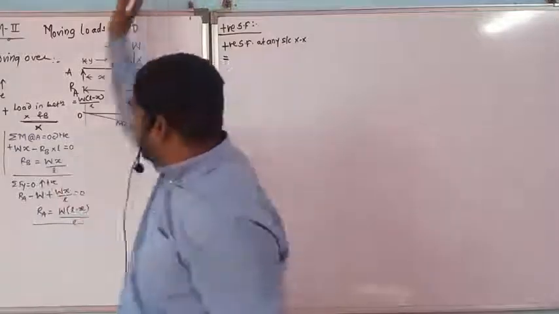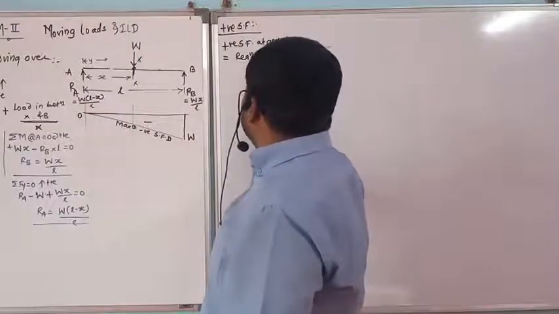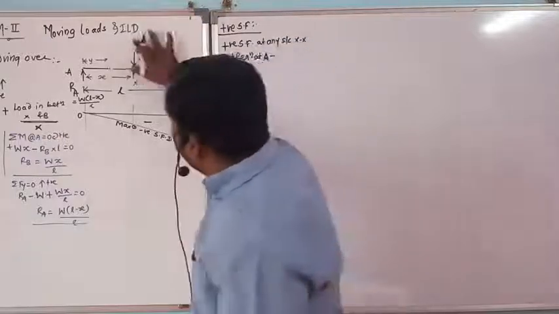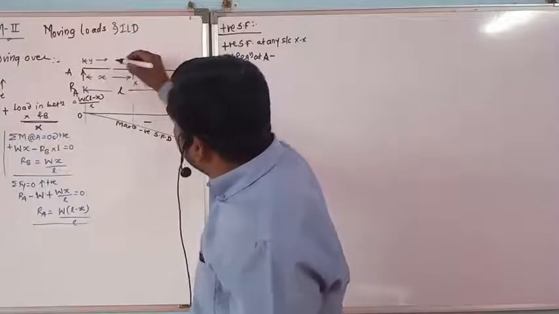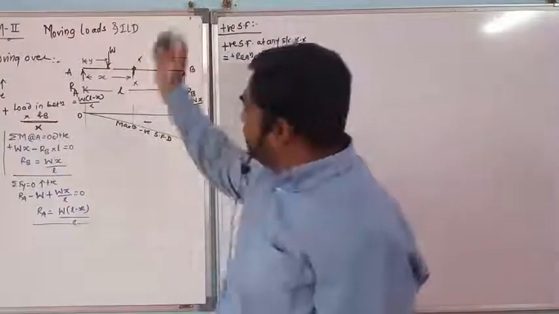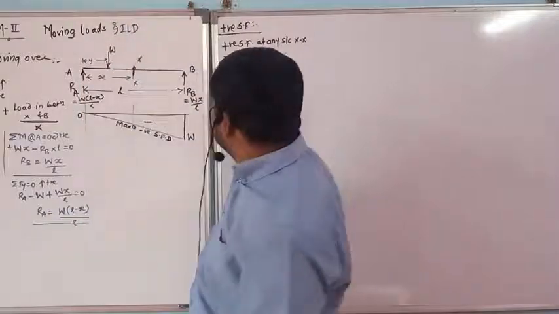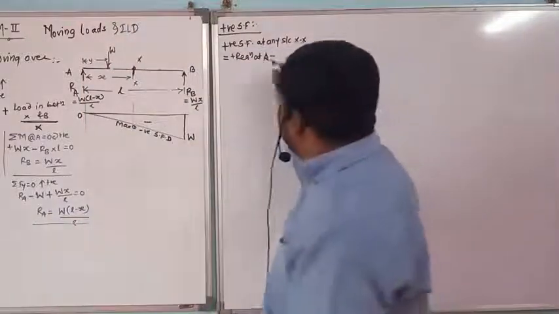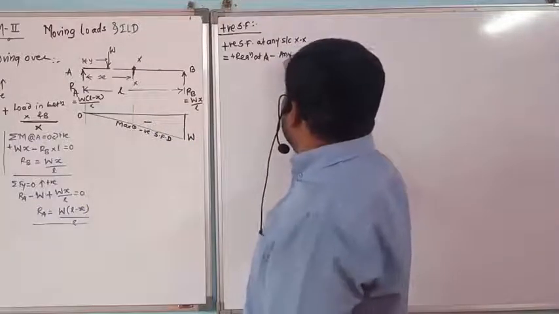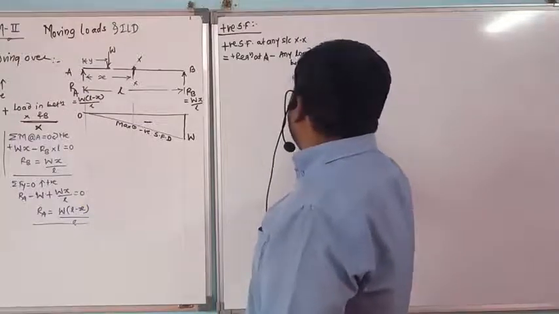From the left hand side, I will take the reaction at A. It is positive since it is acting in the upward direction, which I have assumed, minus any load. Now again I will remove this load W and put it in between A and X. Suppose it comes in between A and X, and I am putting my hand over the section. So RA minus W is the positive shear force. Hence, positive shear force will be the reaction at A minus any load between A and X.